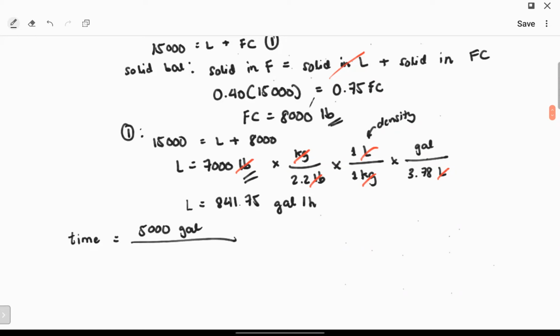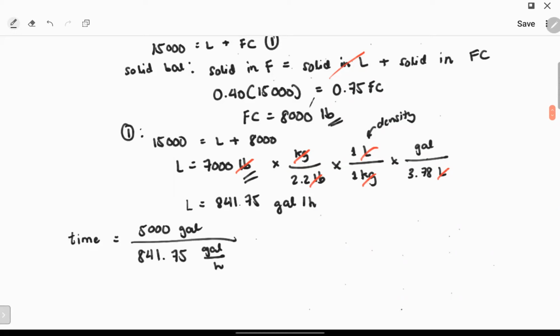So to get the time, that's 5,000 gallons yung required natin na makolek na filtrate divided by yung ating nakuha kaninang 841.75 gallons per hour. Okay, so ang matitirang unit na lang dito is hour, which is a unit of time.